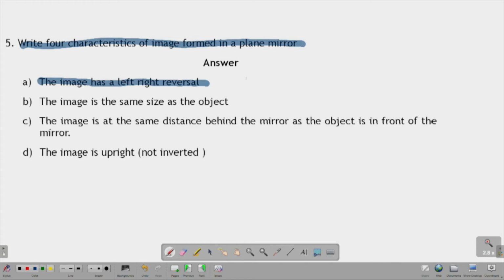If I write here jumbo and I bring it to a mirror, the mirror would show me an image in which this word jumbo is going to be O B M A J. You see, the left and right are reversed.